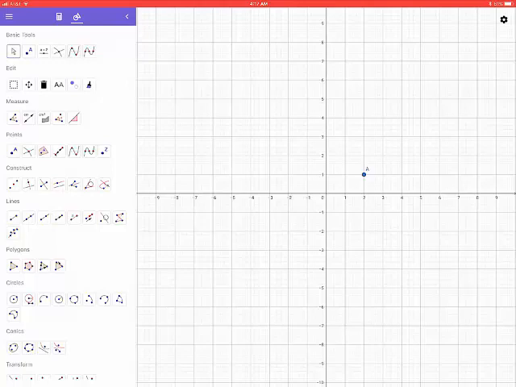So if I start off at point A at 1 on the y, I can go up 4. So it's going to go 1, 2, 3, 4. So I end up at the 5. And then I have to move over to the right 1. So that will be point B.